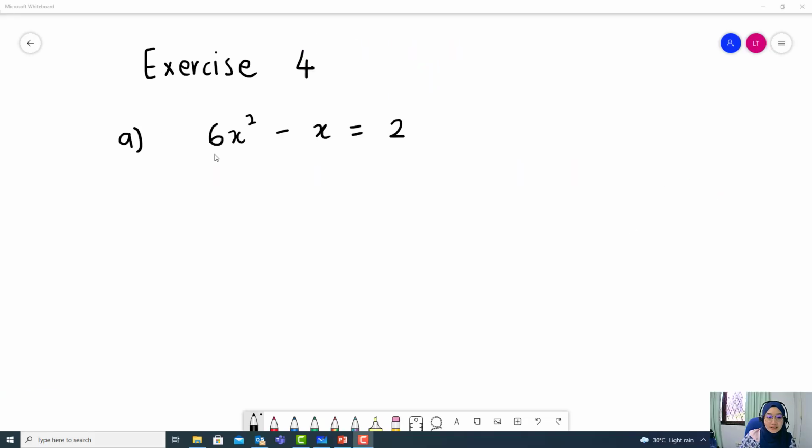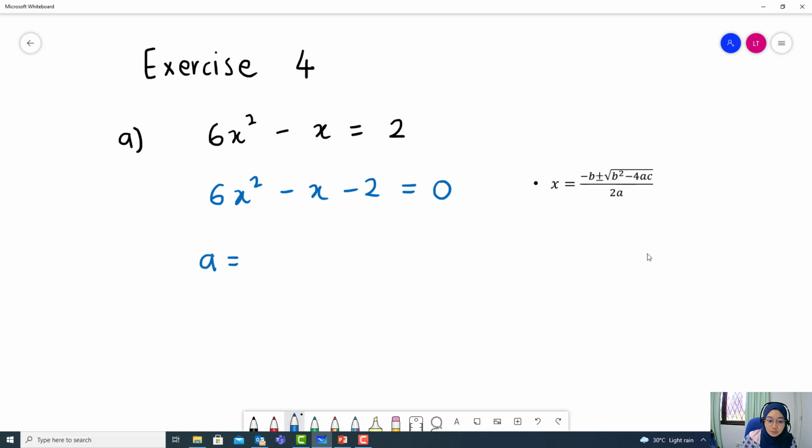Exercise 4a, given the equation 6x squared minus x equals 2. First step, you need to change this equation to standard form. 6x squared minus x minus 2 equals 0. Quadratic formula: a equals 6, b equals negative 1 here, and c, the constant, equals negative 2. Alright, and then you just substitute the values of a, b, c into the quadratic formula.